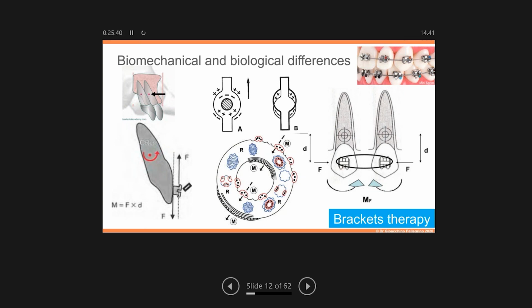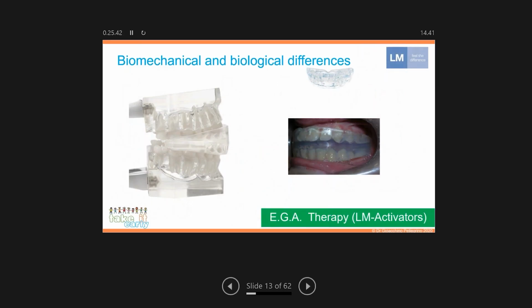around the teeth. But when we use preformed appliances, and in particular way the LM-Activators that are characterized by a specific morphology, we have to remember that we have a different height between the anterior and posterior part of the appliance, so that in some parts of the appliance it's possible to permit the overeruption of the teeth.